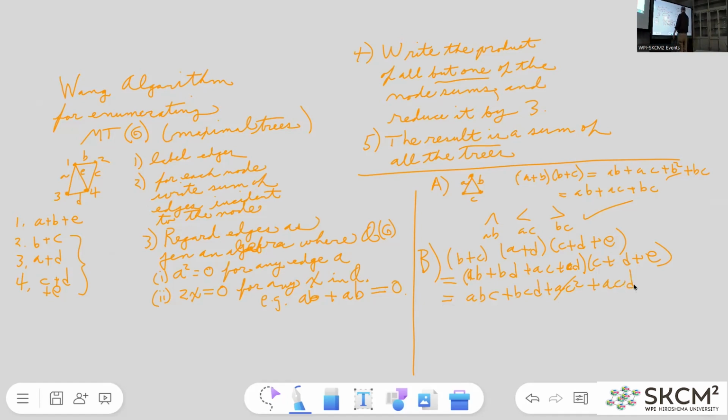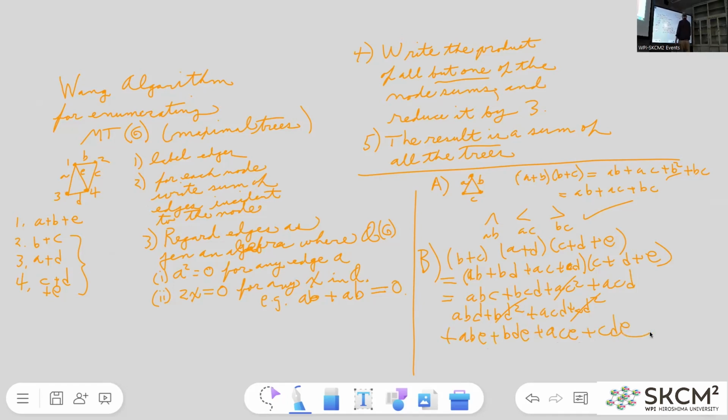Then D, I get ABD, BD squared, 0, ACD, and CD squared. That's 0. And then multiplying by E, I get ABE plus BDE plus ACE plus CE.